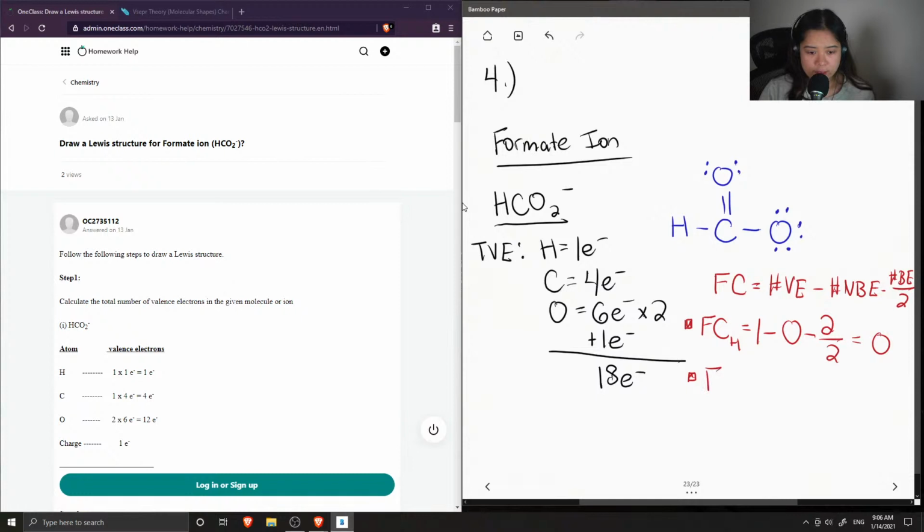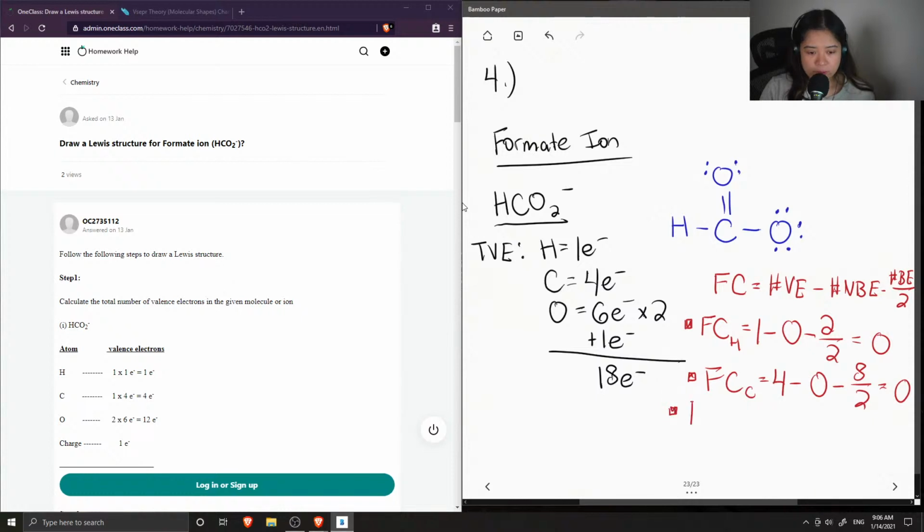So let's do the same thing for our carbon. Carbon contains 4 electrons. There are no lone pairs, so there's 0 non-bonding electrons. And the number of bonds to carbon is 4, so we have 8 bonding electrons divided by 2, which is also 0 in the end.